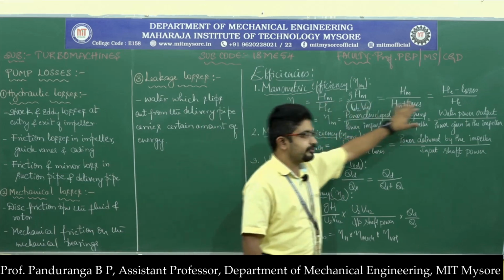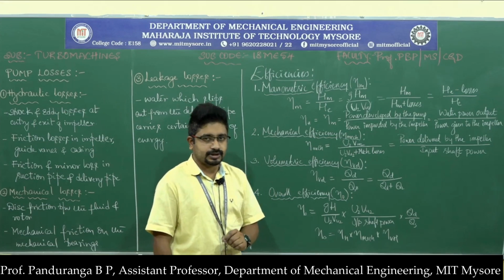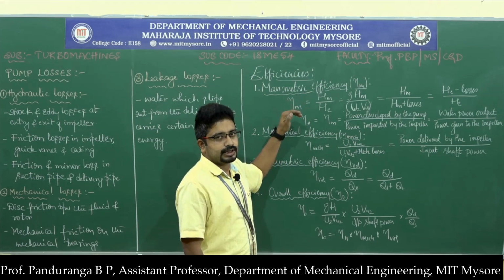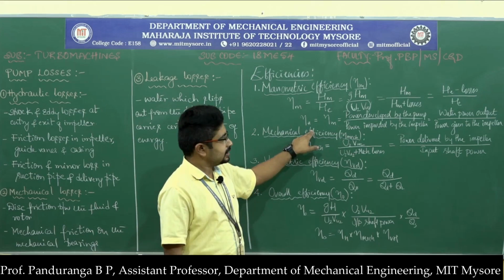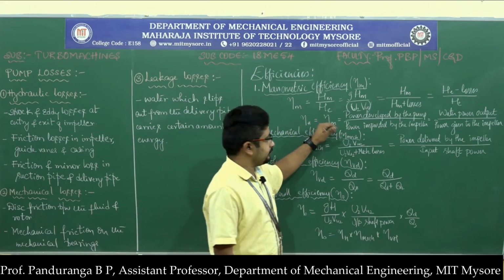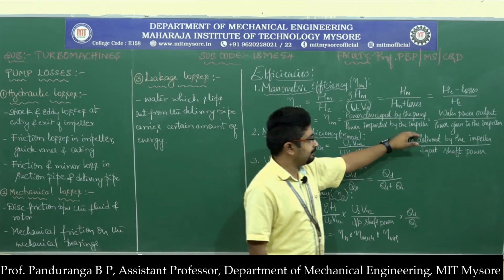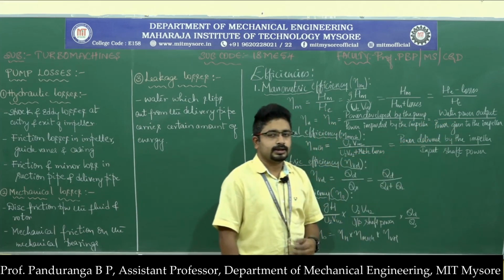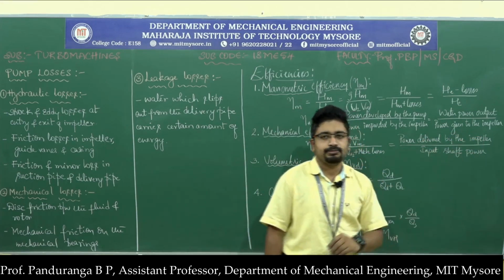These are the different forms of representation of manometric efficiency, which is also known as hydraulic efficiency, eta H. So eta H, the manometric or hydraulic efficiency, is the ratio of power developed by the pump to the power imparted by the impeller, which is also equal to the water power output, that is the actual head developed, divided by the power given to the impeller.